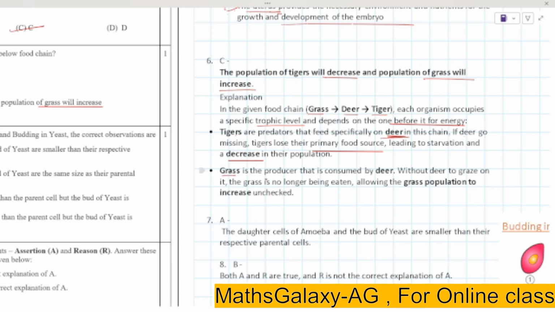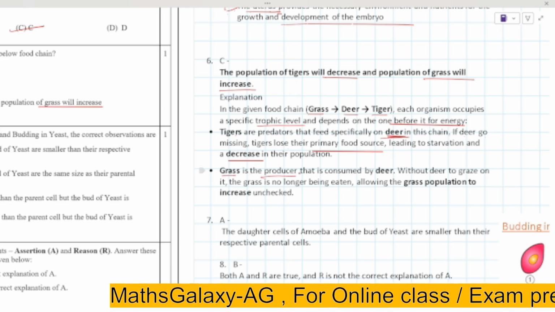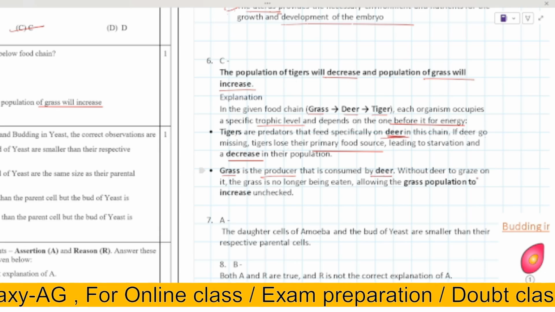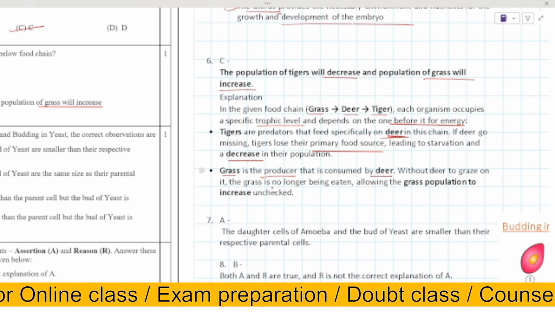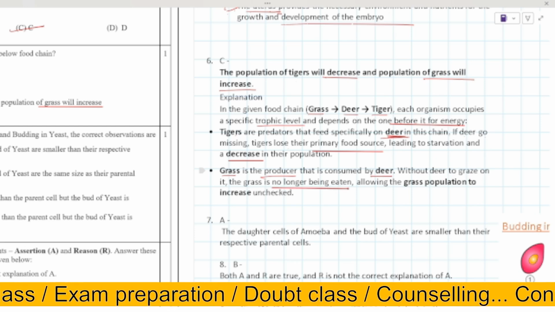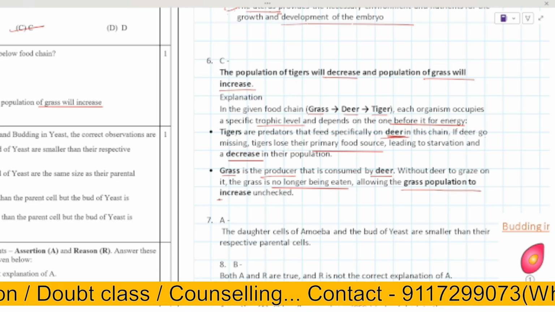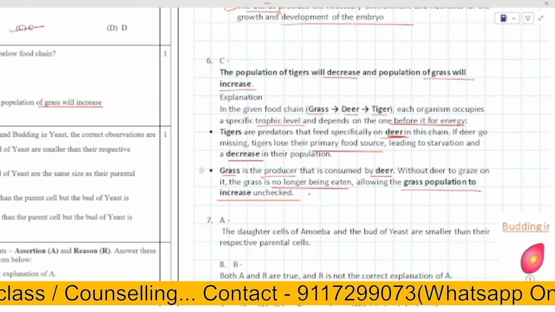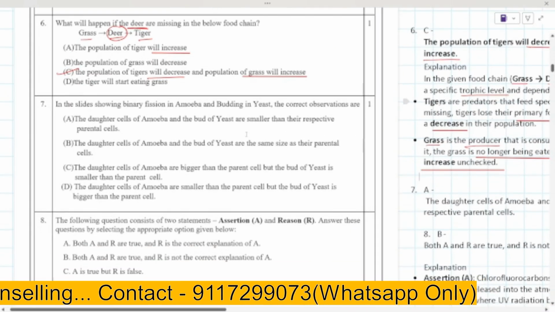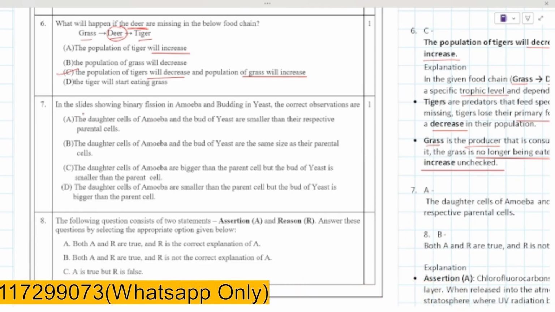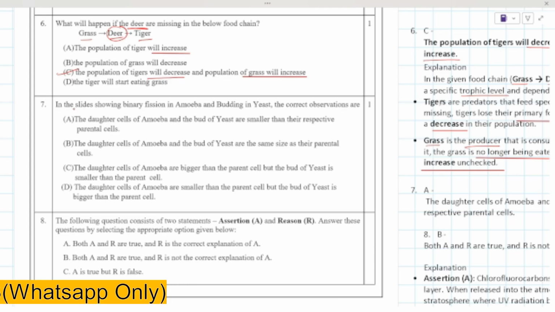Now the grass is the producer, as we know, that is consumed by deer. Without deer to graze on it, grass is no longer being eaten, allowing the grass population to increase unchecked. Okay, is it clear or any doubt? No doubt.